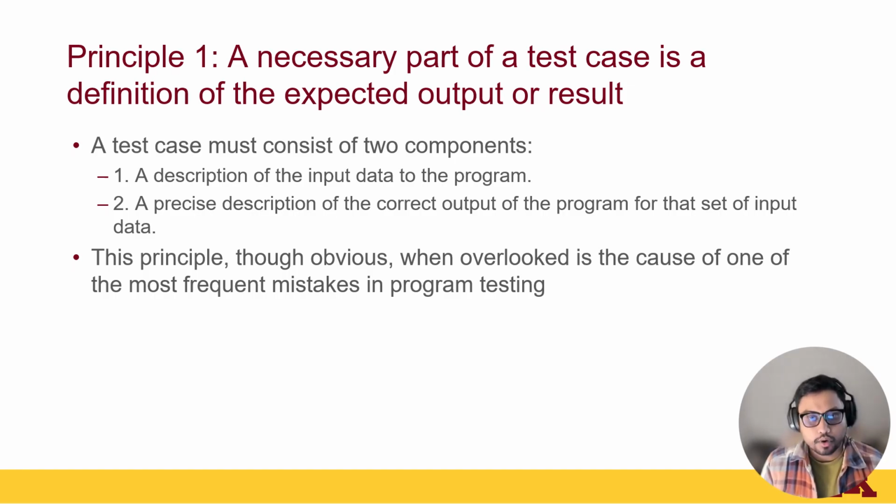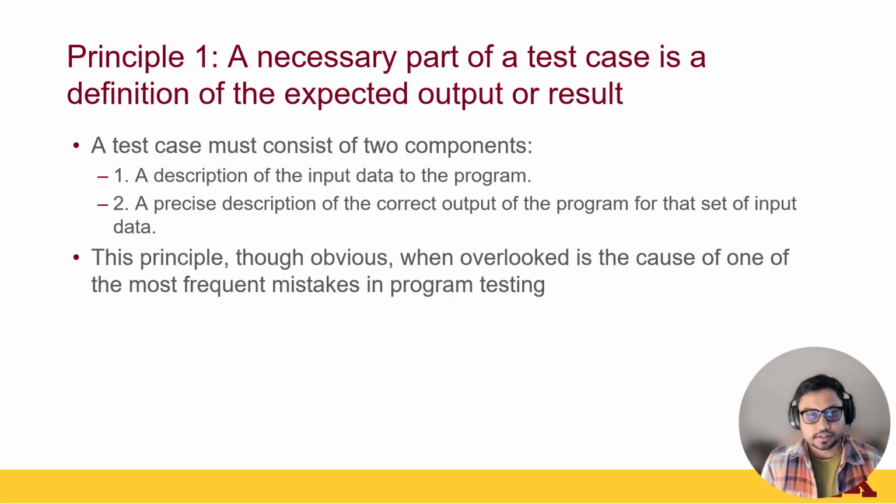There is no objective way to determine whether the program behaves correctly. That being said, the principle may appear obvious, yet it is one of the most frequently violated rules in practice. Students and professionals alike often run a program, look at the output, and decide that it looks right without comparing it against a formally defined expected result.